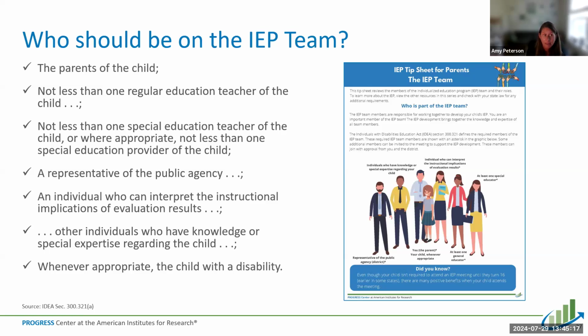So ensuring that we have the parents of the child, no less than one regular education teacher of the child, no less than one special education teacher of the child, or when appropriate, a special education provider of the child, a representative of the public agency, an individual who can interpret the instructional implications of the evaluation results. And so someone who knows those data pieces and can help us to understand the evaluation results. And it might be others who have knowledge or special expertise regarding the child. And when appropriate, the child with the disability themselves.